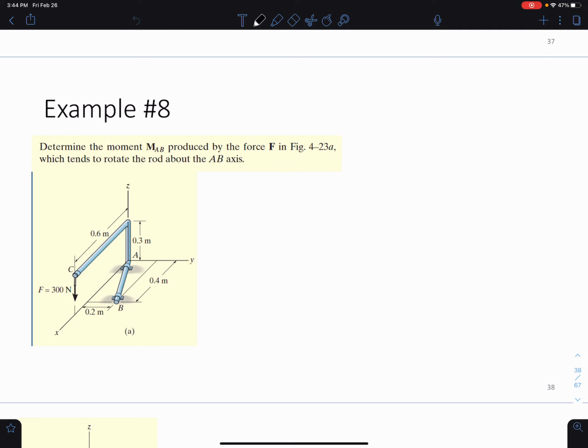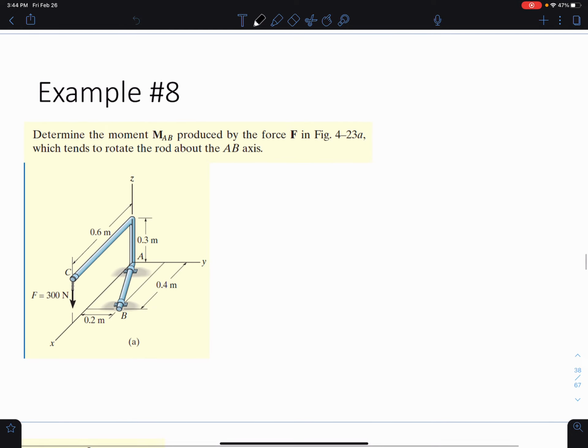But basically, whenever we have a 3D system, we tend to use vector notation, or vector analysis, rather than trying to find the moment arm or the perpendicular distance from F to AB, because that's going to be a much more difficult task than just doing the cross product of R cross F, and then multiplying that by UB, or the unit vector in the B direction.